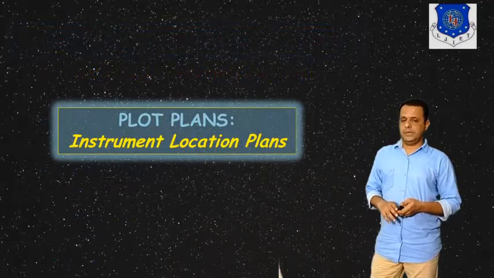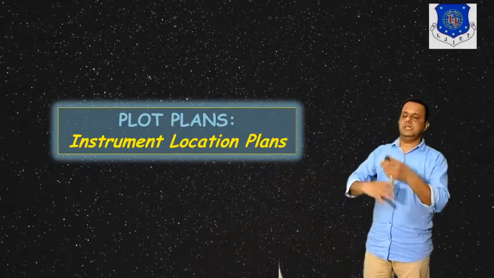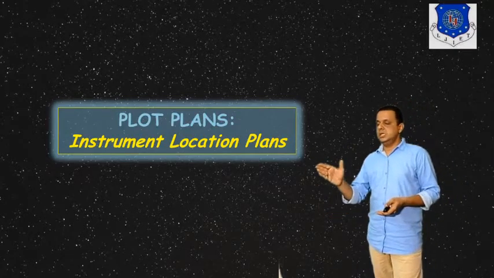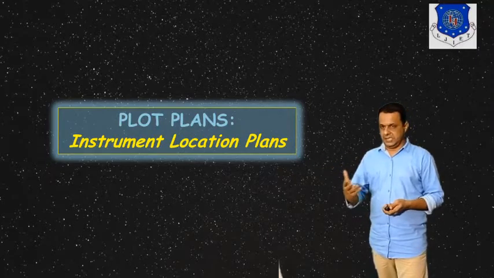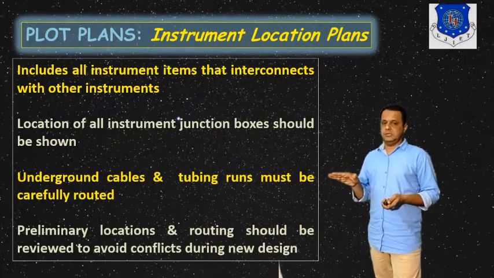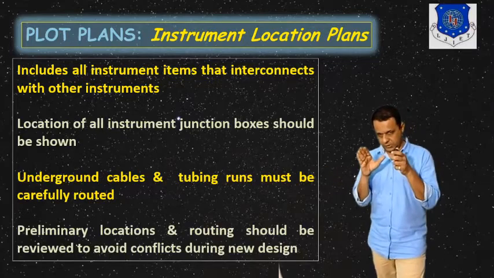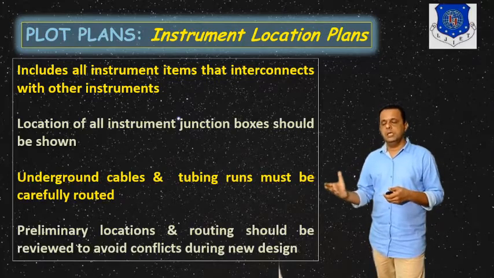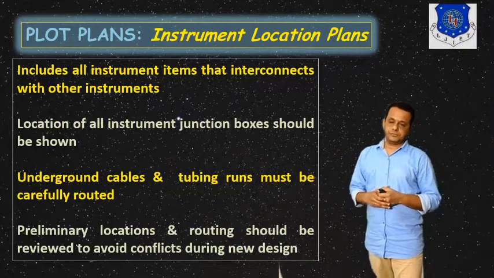Next will be the plot plan, also called the instrument location plan, which tells you in the entire plant which instrument is located where. It doesn't talk much about connectivity, but it includes all instruments that interconnect with other instruments, the location of all instrument junction boxes, then underground cable and tubing, then primary locations and routing.